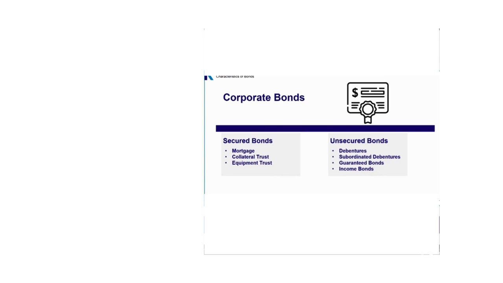Debentures are the most common type of unsecured bond, and debentures are sometimes referred to as senior debt. When someone owns a debenture, they're a general creditor of the issuer, and the issuer is obligated to make the interest payments as scheduled and return the par value to the investor when the bond matures. Subordinated debentures are sometimes referred to as junior debt.